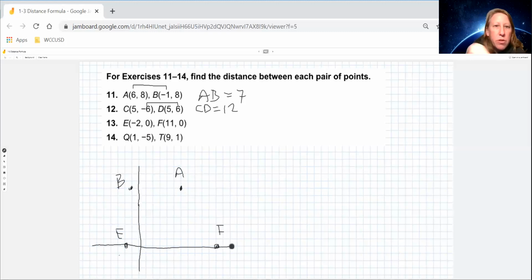What's the distance between points E and F? 11 to get to there, then 12, 13. So sometimes you want to use your brain and not go for the big formula all the time. This next one is a great one for you to try. Notice they're not straight in a line, so you would have to use the distance formula for this one.